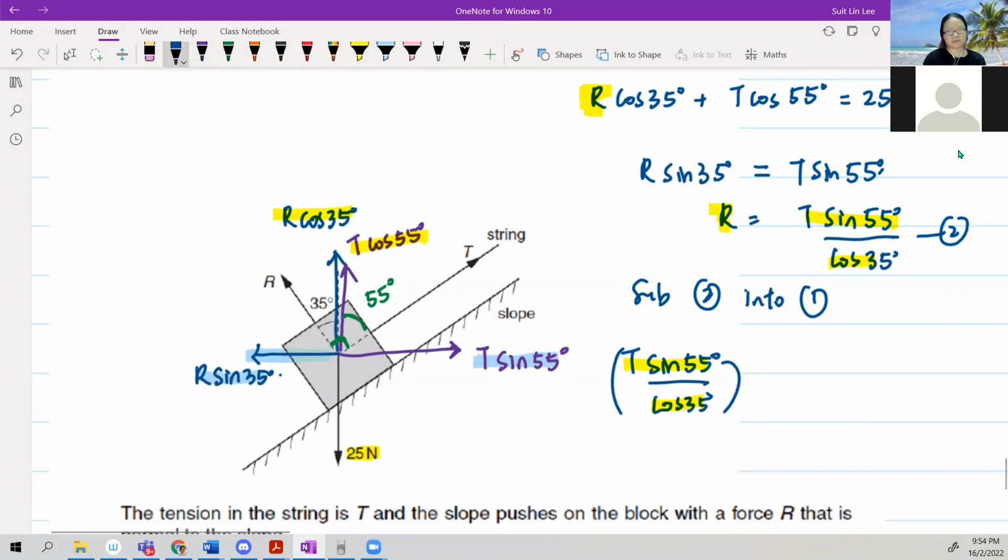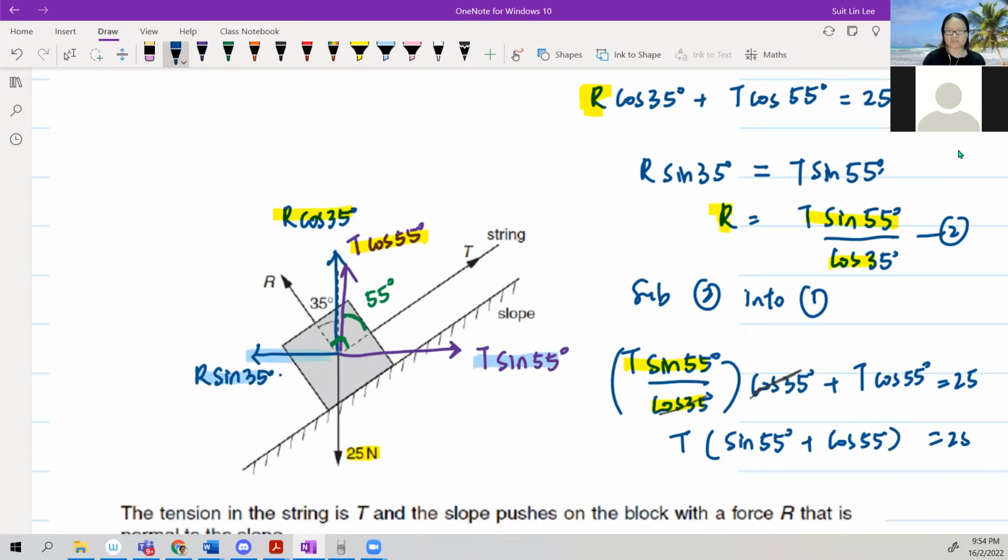Cos 35 is still there, plus T cos 55 is equal to 25. So the cos 35 and cos 35 just cancel off. All right, and then they both have T, so I factorize the T, and I will have sine 55 plus cos 55 is 25. So here you can find T.